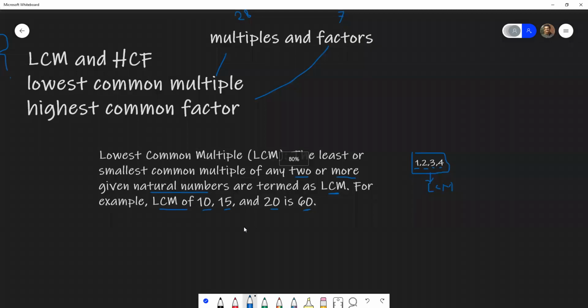We are going to understand there are two ways to determine LCM and two ways to determine HCF. One of them is called, let me see, I forgot myself, I have to look at the book now.